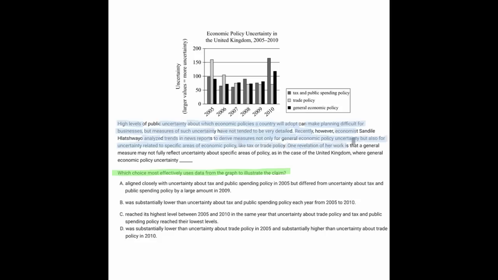One revelation of her work is that a general measure may not fully reflect uncertainty about specific areas of policy, as in the case of the United Kingdom, where general economic policy uncertainty blank.